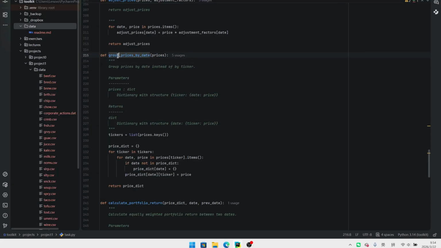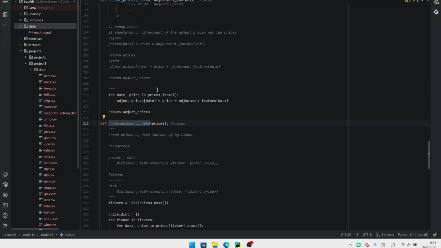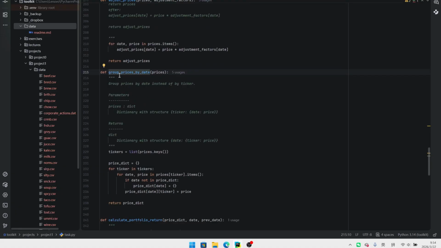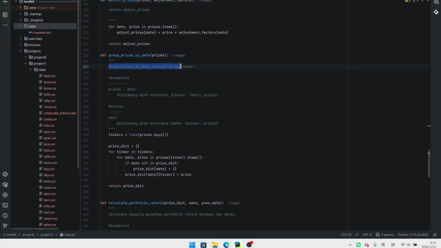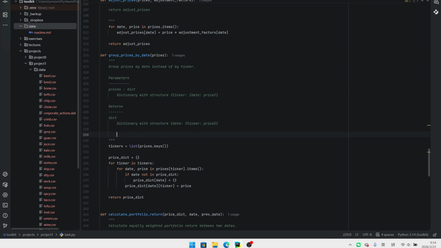Correctness. So the next function is group predicted by date. It says we need to change the formatting of the dictionary of prices into another expression.